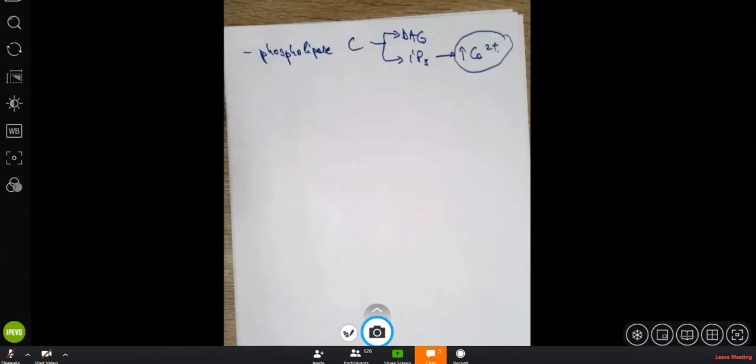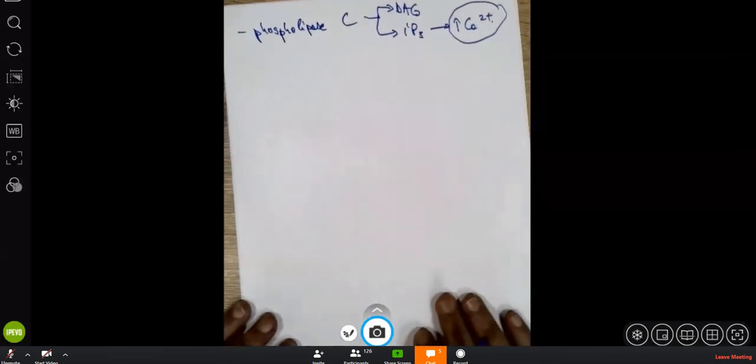Also because calcium has roles in muscle contraction, and also because calcium is going to activate glycogenolysis, breaking down glycogen to give glucose and to let muscle obtain energy from glucose in glycolysis after that.